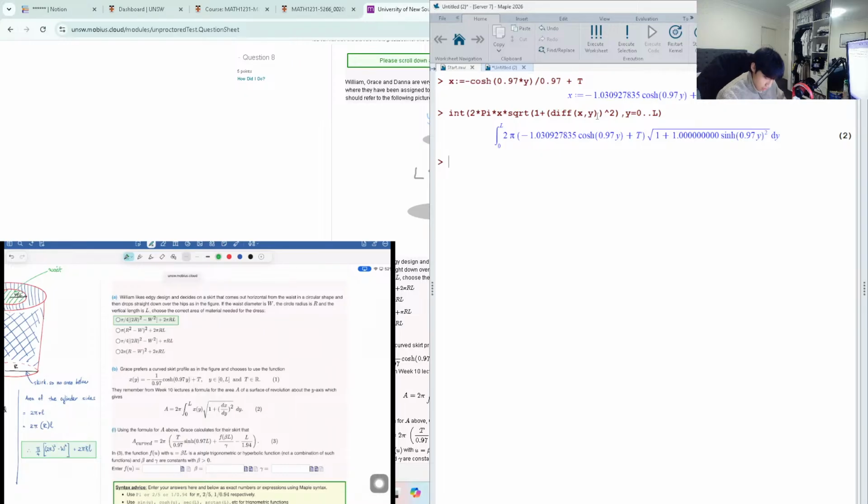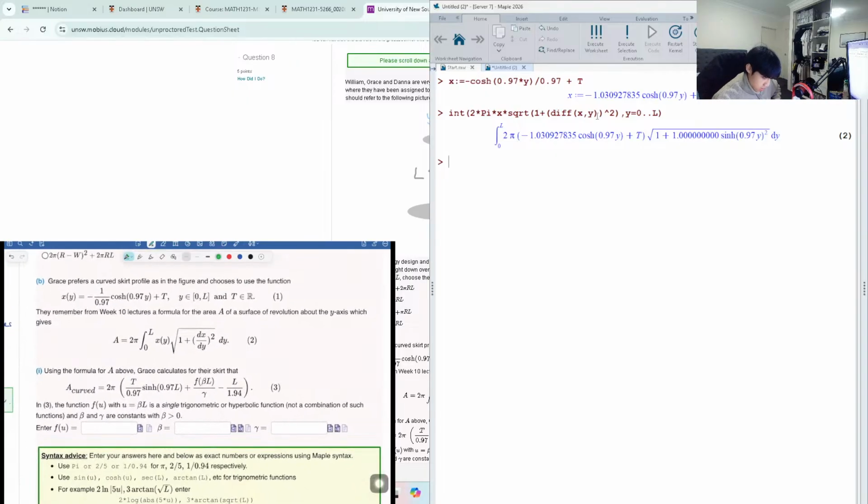So we get some function. We get a function 2 pi times 1 plus sinh squared, some function over gamma minus L. Sorry, I'm trying to see what this looks like.